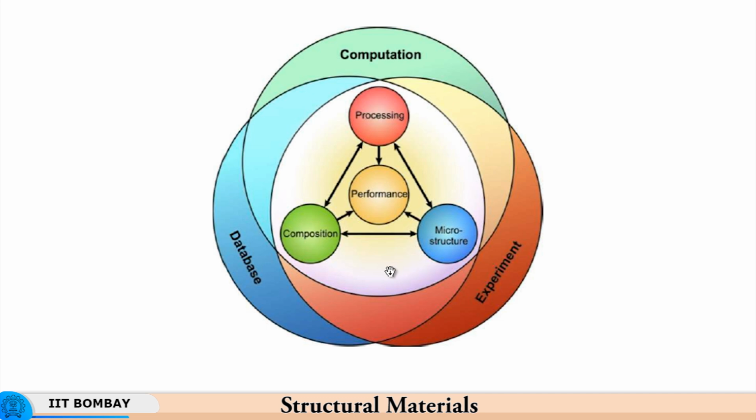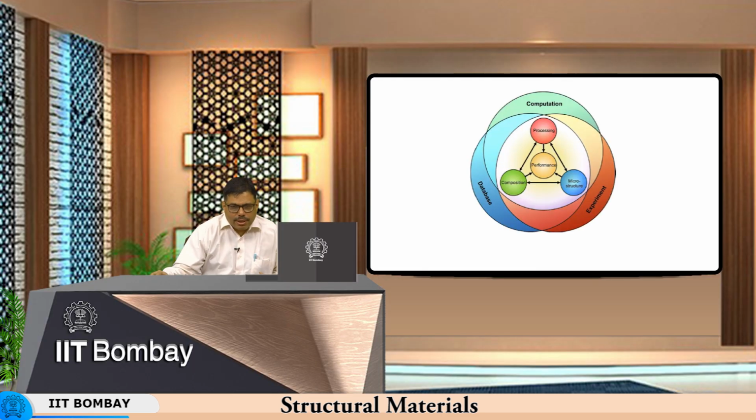So, if you take a material, a structural material, from material to the product in which the structural material can be used, you need the material of a particular chemical composition. You need to process it to impart the shape to it, so that you will be able to use it for a particular application.